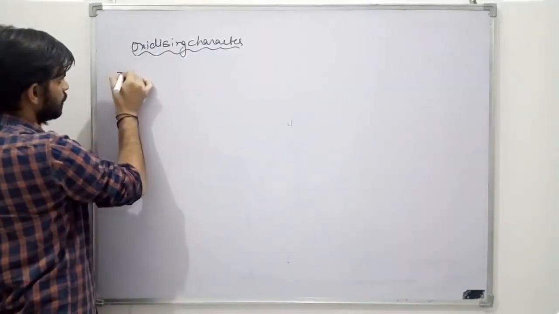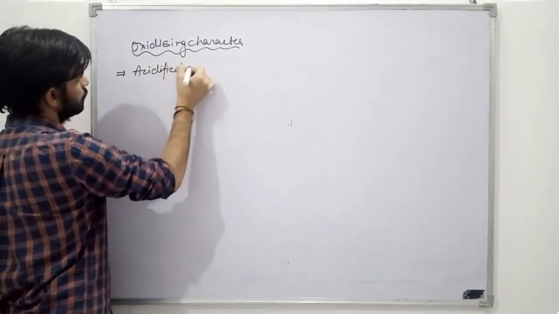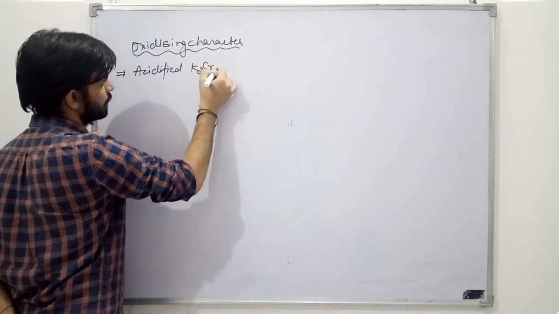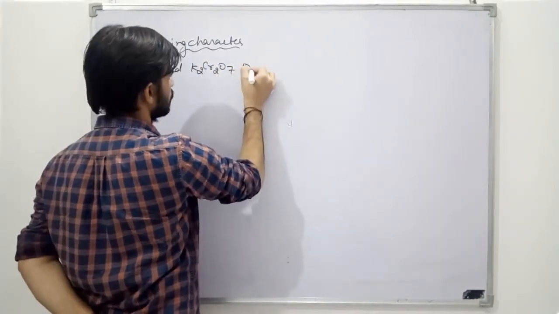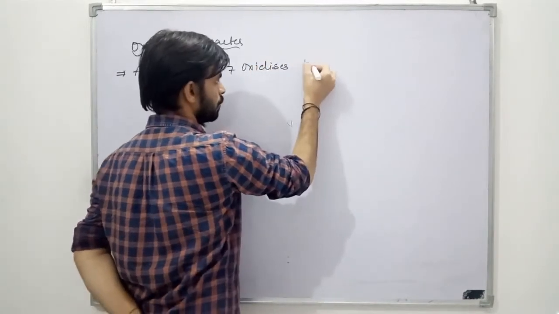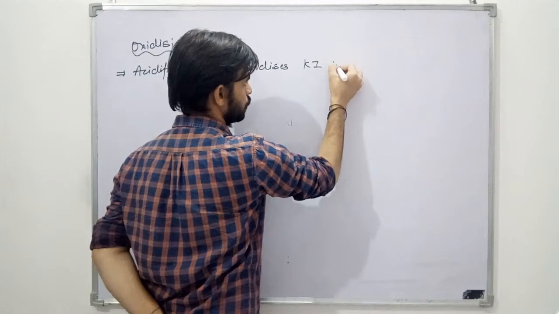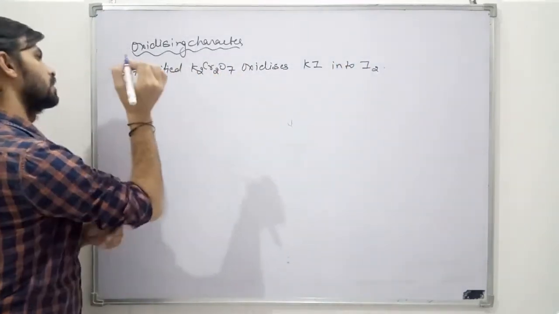So we can say acidified K2Cr2O7, that means potassium dichromate, oxidizes potassium iodide into iodine. Let's talk about the reaction.